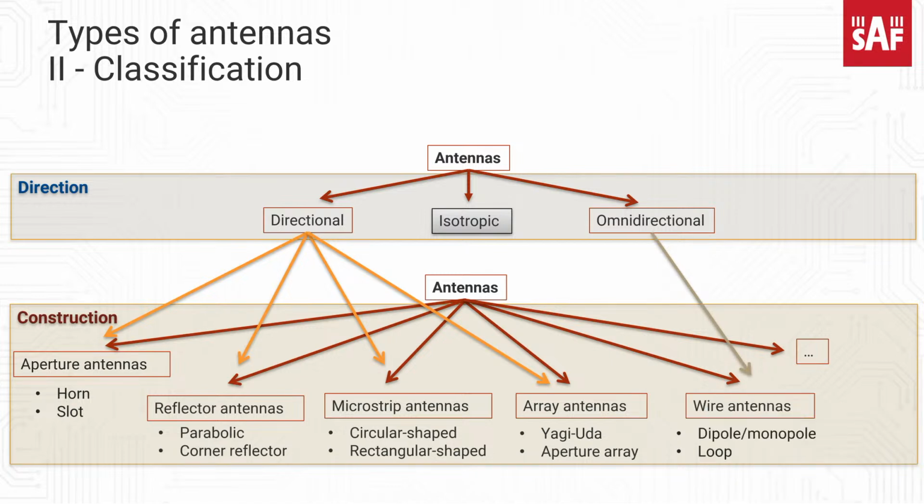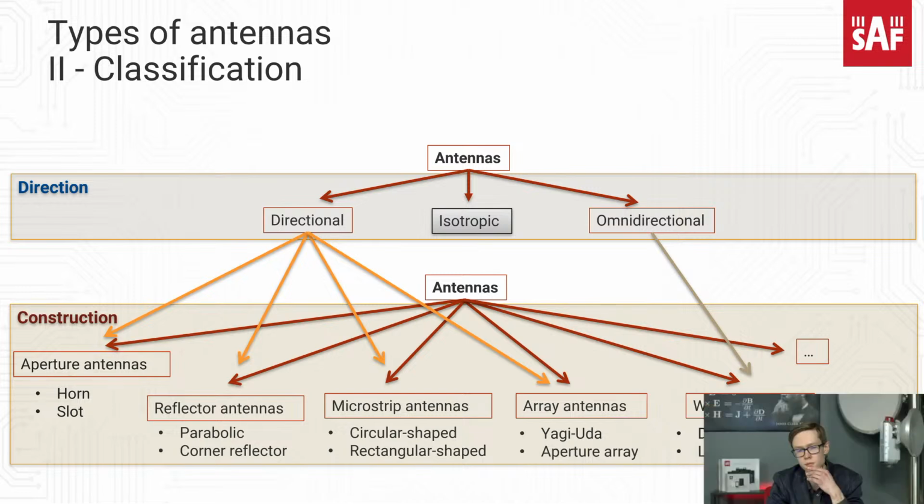This is the most common way of dividing them into directional and omnidirectional. Of course, there could be some exceptions to this, but I wanted to show you that there are different ways of classifying them, and we can even overlap different classifications between each other. So one antenna can belong to different classes.